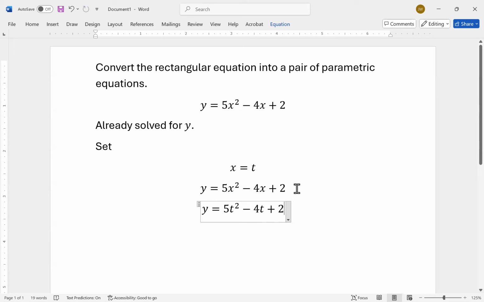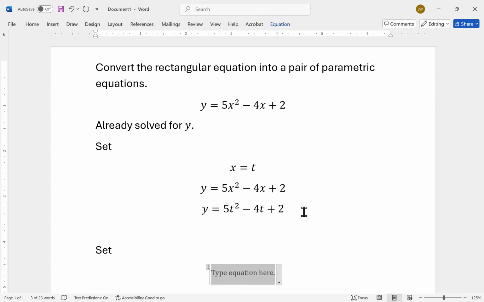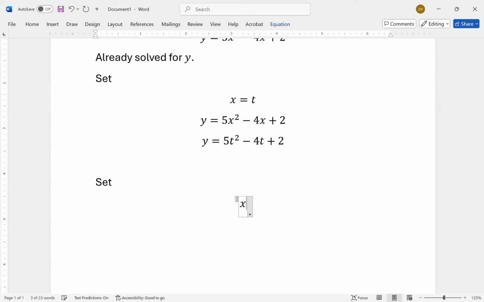And that gives us our parametric equations. So our set of parametric equations is just that. X equals t and y equals 5t squared minus 4t plus 2.